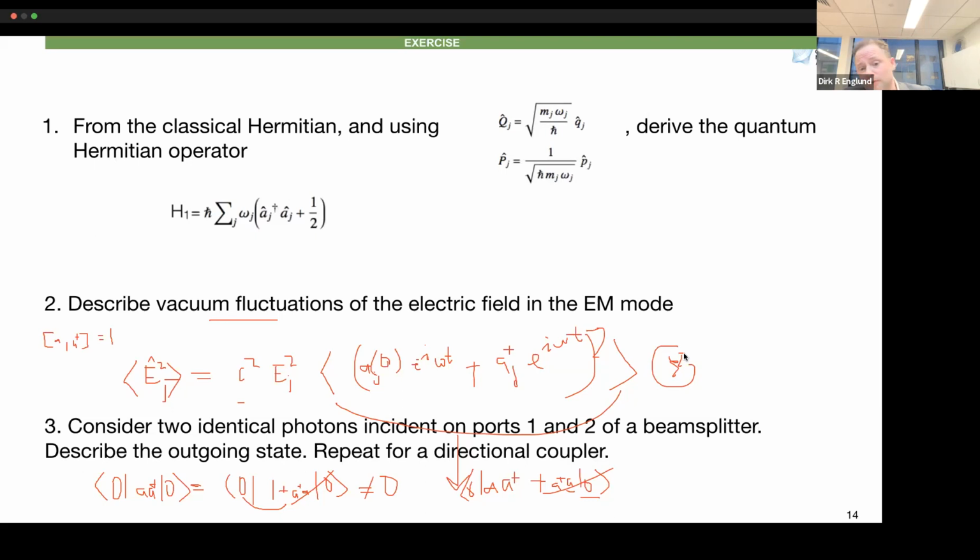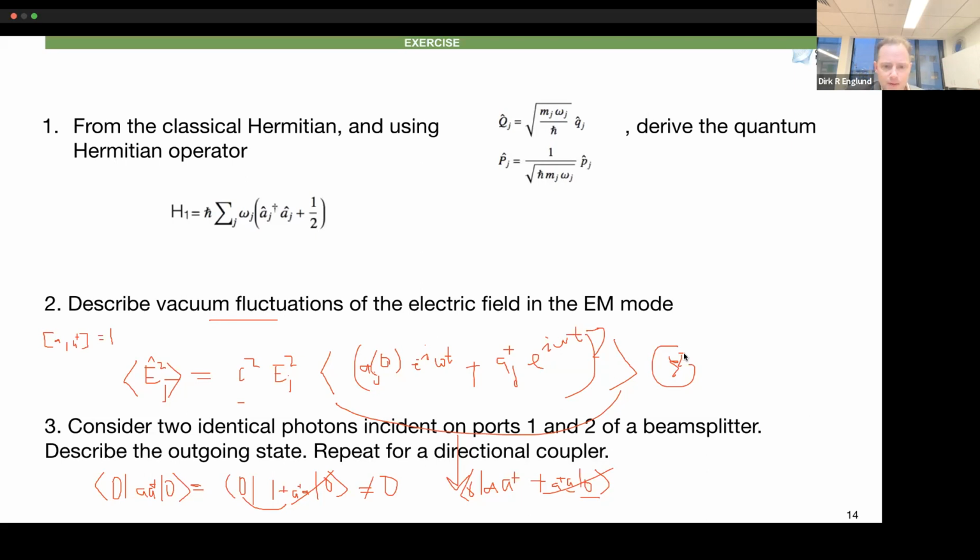But at a location where you have an antinode in the electric field, where, for example, the sine is equal to 1, you have a non-zero vacuum fluctuation, even if the number of photons in that mode is equal to 0.